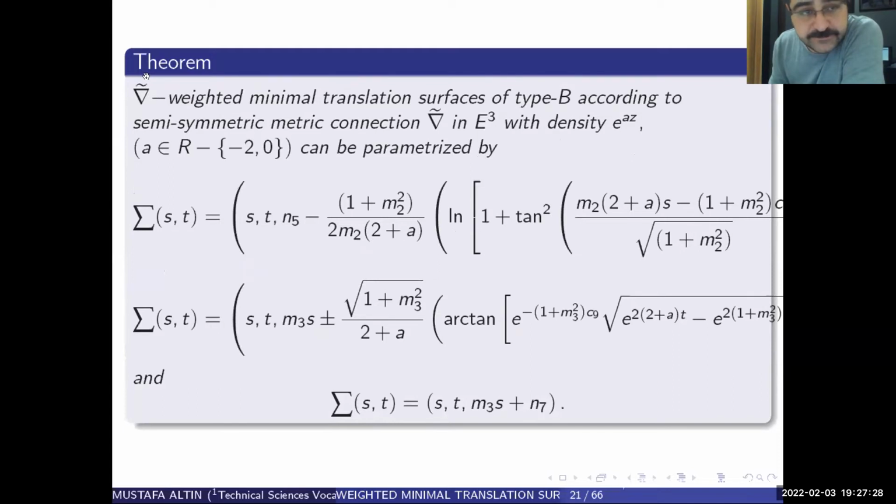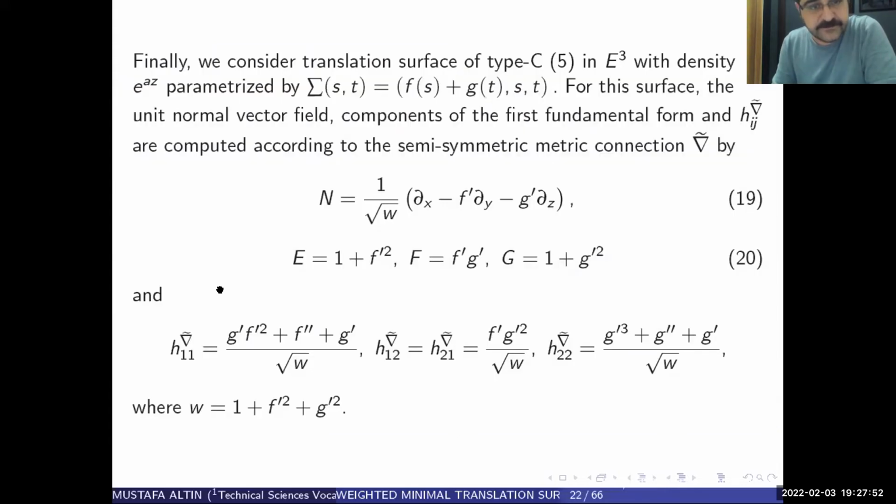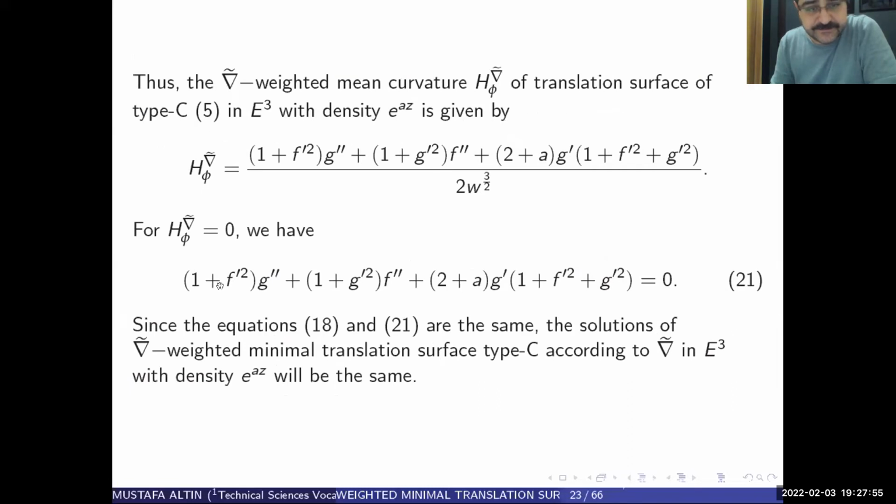And the theorem: weighted minimal translation surfaces of type B according to the semi-symmetric metric connection in Euclidean three-space with density e^{az}, a a real number different from minus 2 and 0, can be parameterized by these surfaces. For type C, the weighted minimal translation surface of type C according to the semi-symmetric metric connection in Euclidean three-space with density e^{az} will be the same as type B.